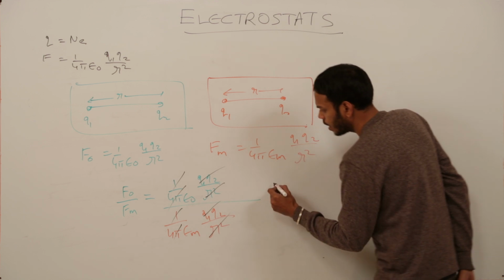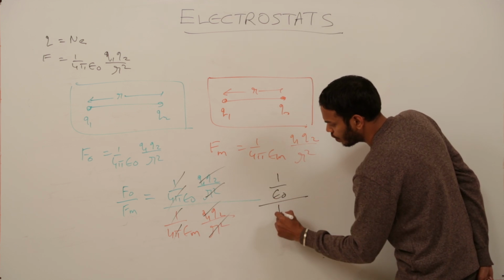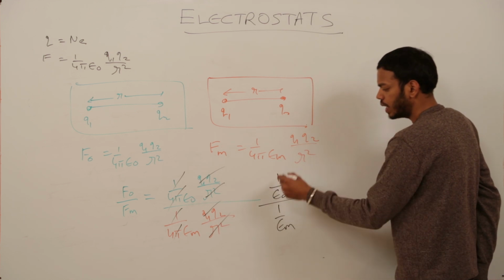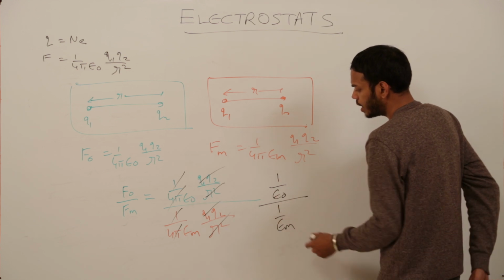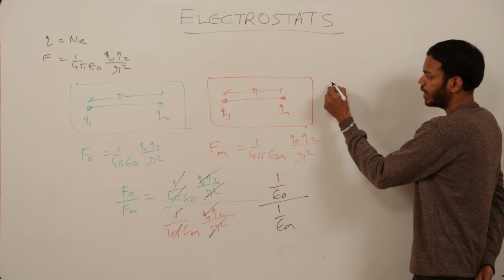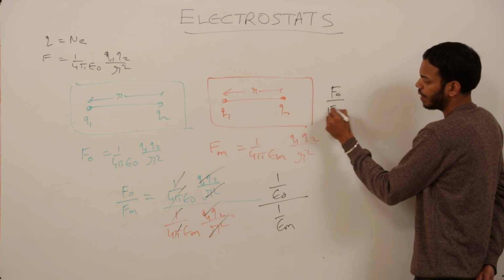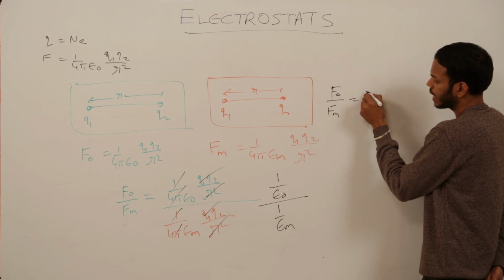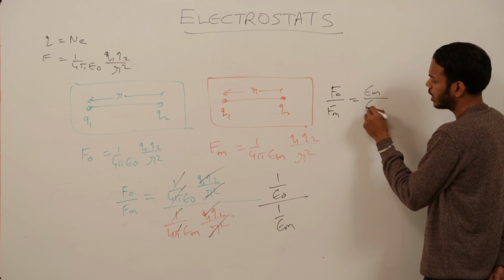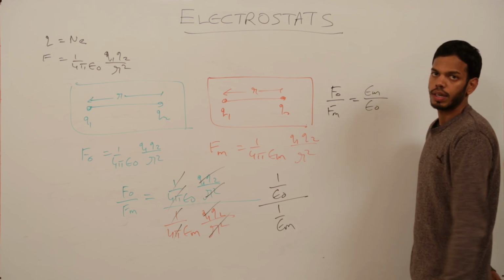You are left with 1 upon epsilon naught over 1 by epsilon m, which will invert itself while going to the numerator. So ultimately you are left with F naught upon Fm is equal to epsilon m upon epsilon naught, right?